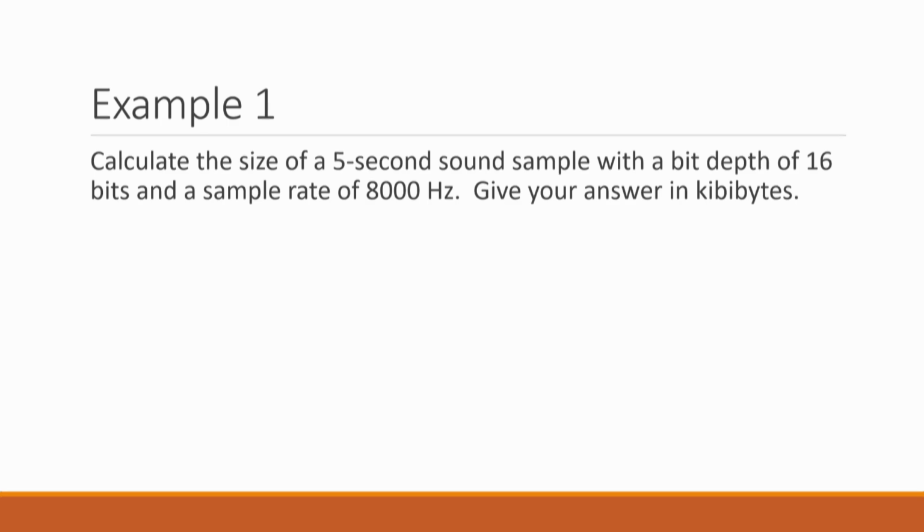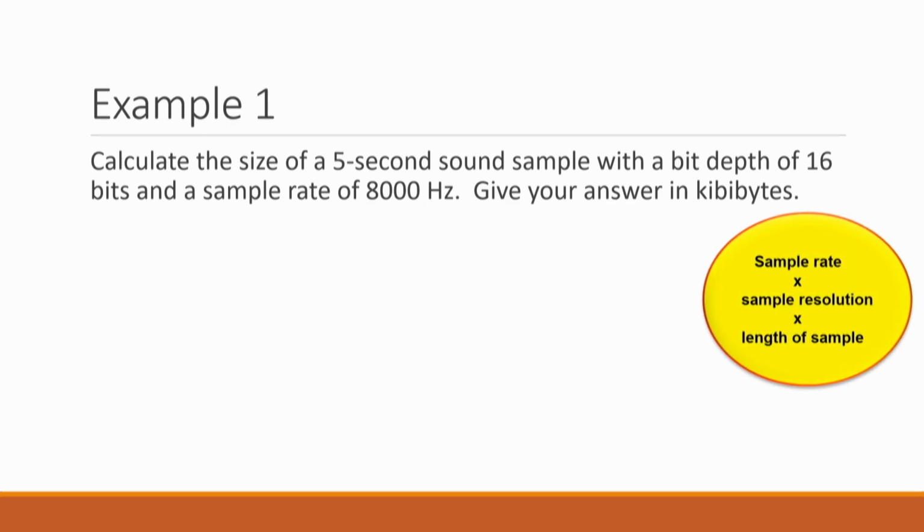Let's look at an example. Calculate the size of a 5-second sound sample with a bit depth of 16 bits and a sample rate of 8000 Hz. Give your answer in kibibytes. So, let us recall that the size of an audio file is given by the product of the sample rate, the sample resolution, and the length of the sample.